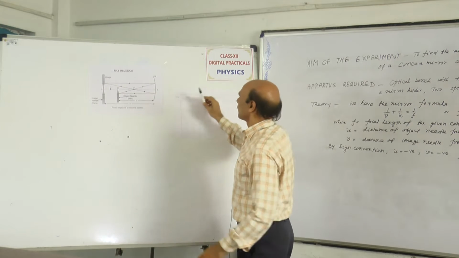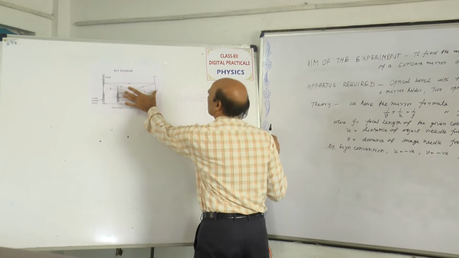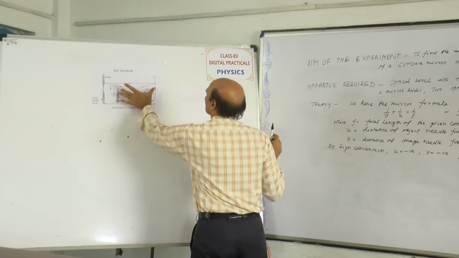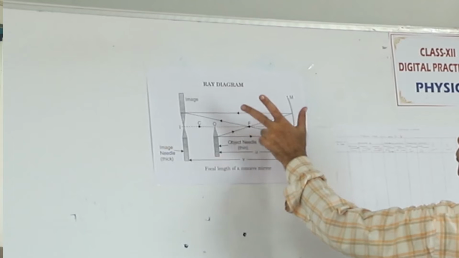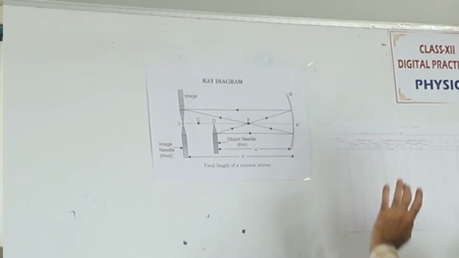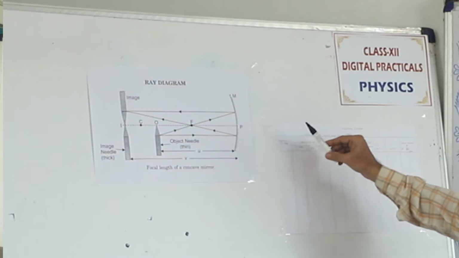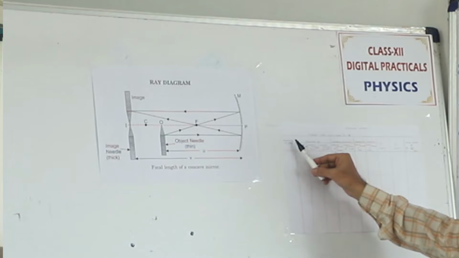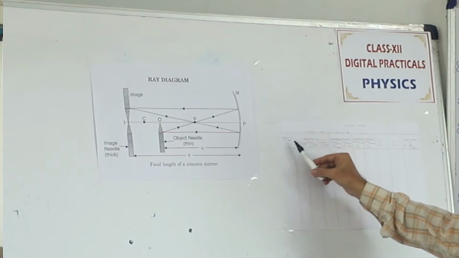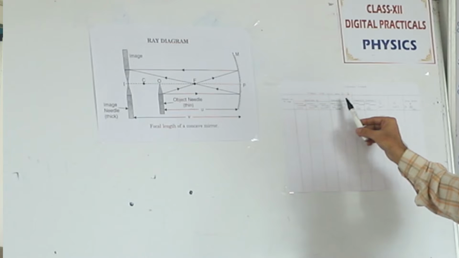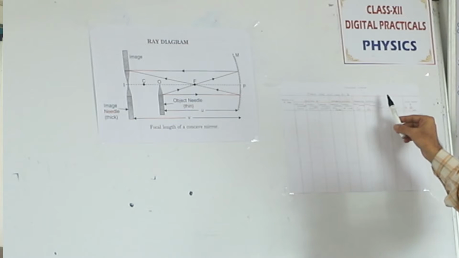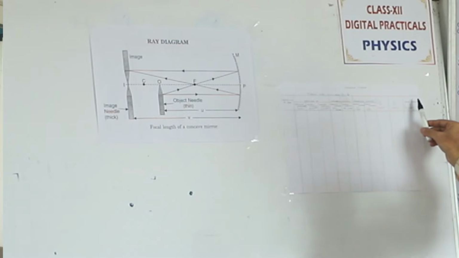So we can measure this distance PO, which is equal to U, and PI is equal to V. Then write in the tabulation: serial number of observations, position of concave mirror, then object distance, corrected distance, 1 by U, 1 by V, then finally focal length.